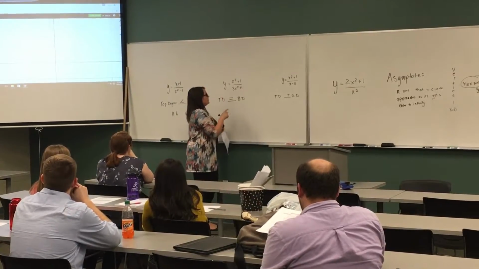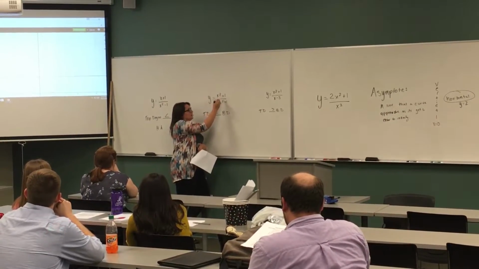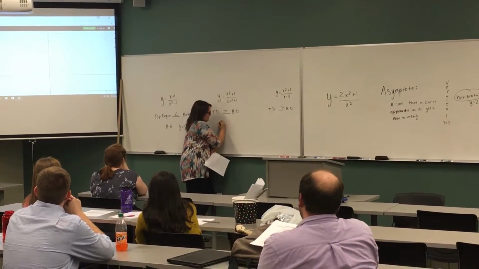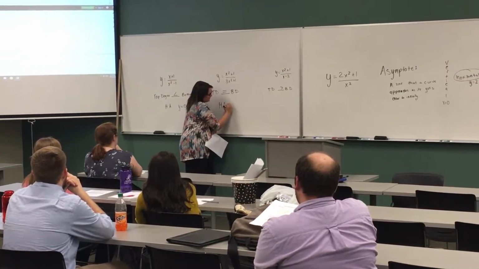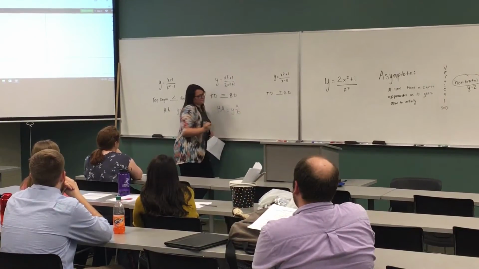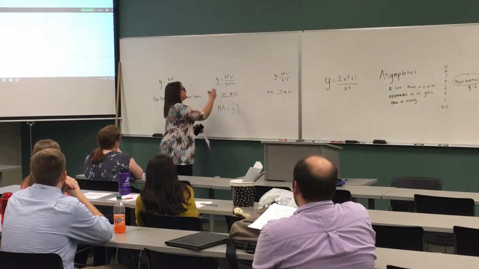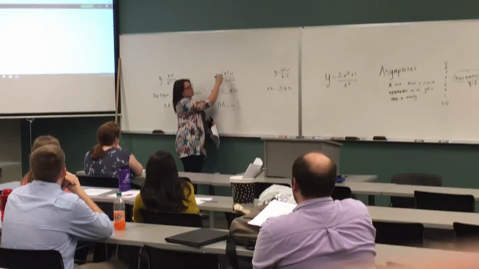Now, this one gets a little bit trickier, but it's still pretty simple. When the top degree and the bottom degree are equal, the horizontal asymptote is equal to A over B, where A and B are the coefficients of the highest power. What would the coefficient of this one be? 1.